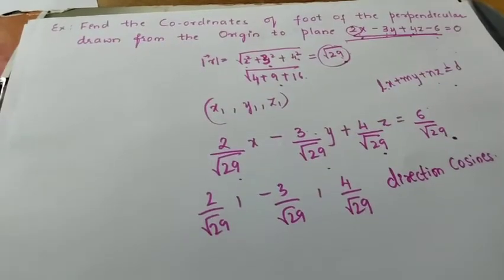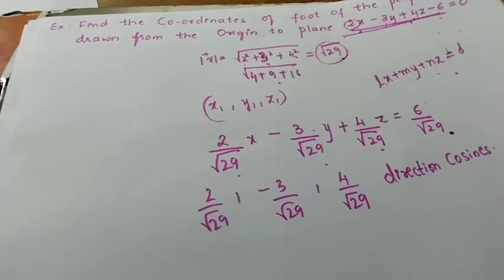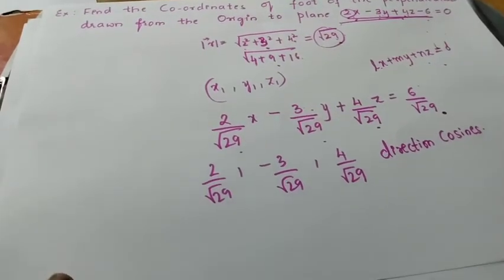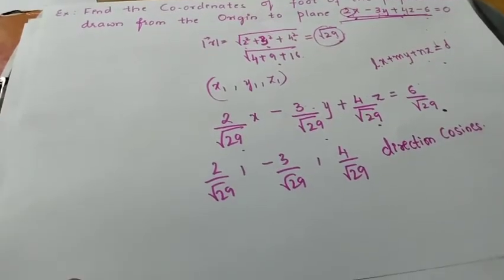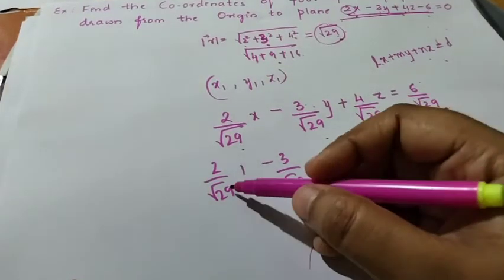If we know the direction cosines, we know that direction cosines will be proportional to the direction ratios. Direction cosines are always proportional to direction ratios.